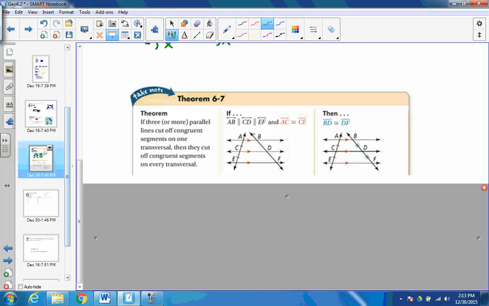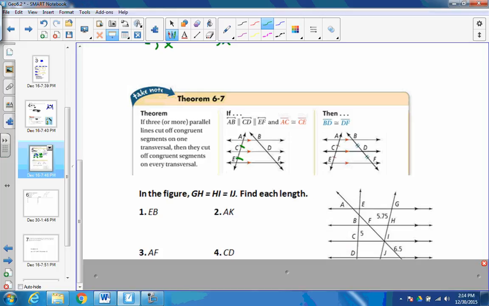So if we have three or more parallel lines and we have a transversal, and if you look right here, the transversals, if this is congruent here, then any other transversal here, according to this, then BD is congruent to DF as well. Any other transversal, they would have to be congruent because those parallel lines are going to be equal lengths apart.